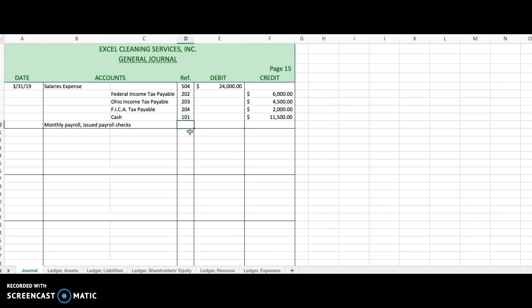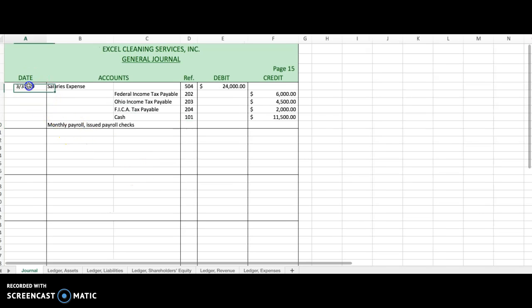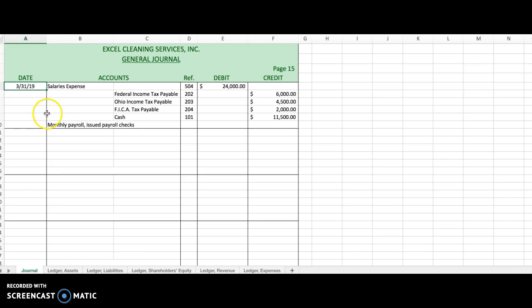That process is the same, but what I want to point out to you is what's happening in these liability accounts. Again, this company pays on a monthly basis. So every month we have this same entry. And the federal government and the state government as well typically requires businesses to pay these liabilities at the end of the quarter, so at the end of 3 months.